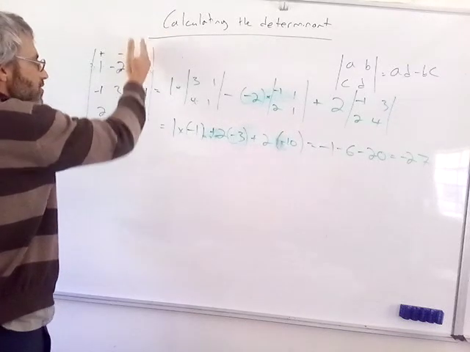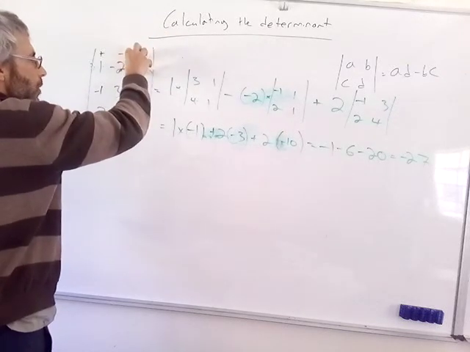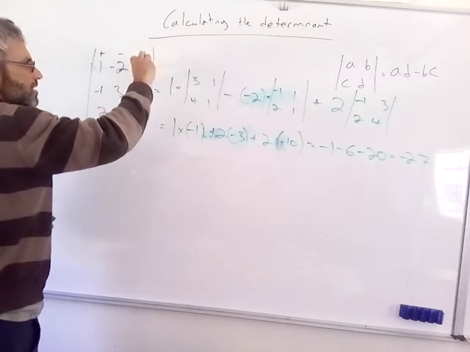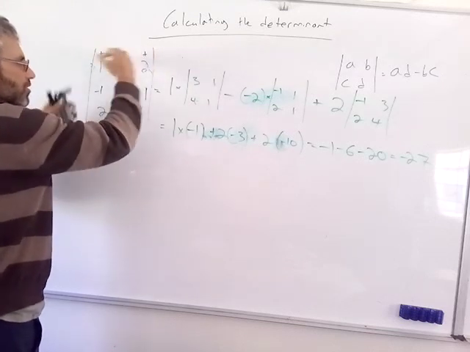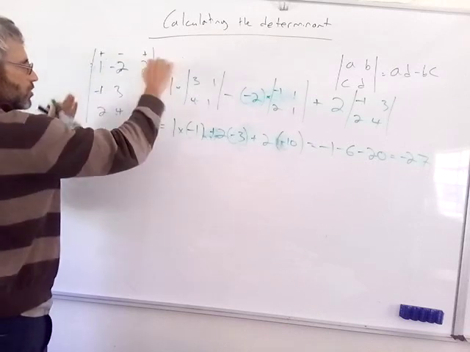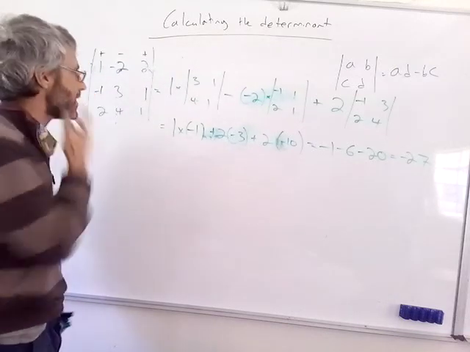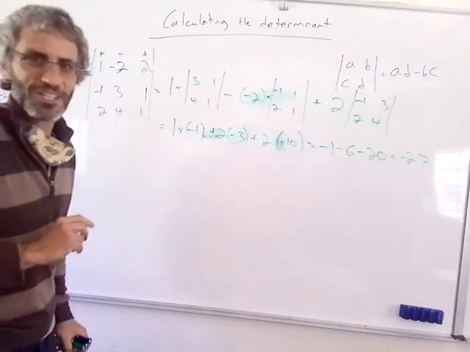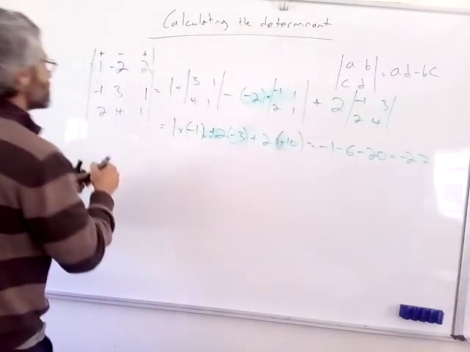If I choose the third column, it's going to be 2 times the determinant of the leftover minor, once you cross it out, and it works out the same way. Maybe I should use a column just to make sure you understand what happens.